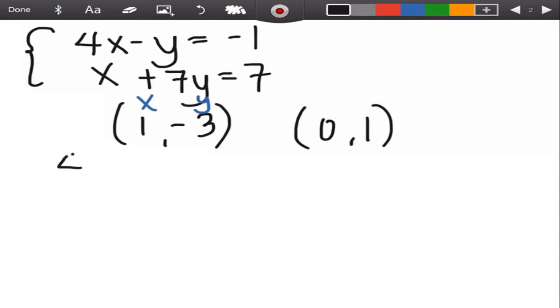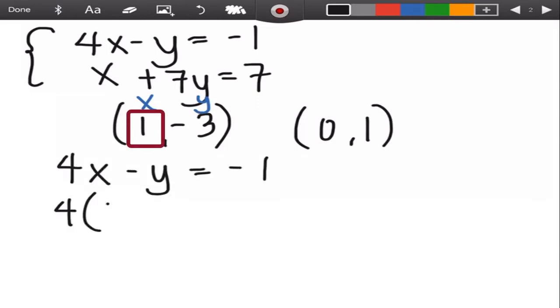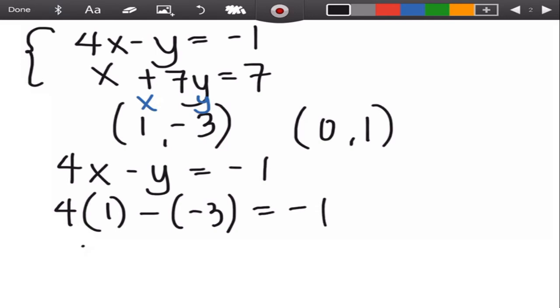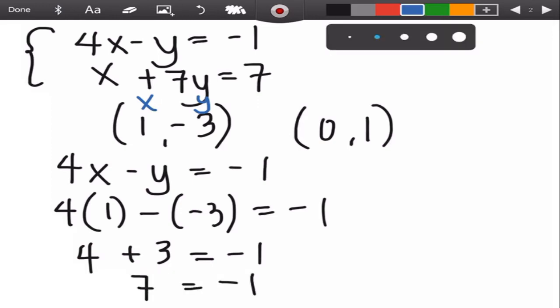So we will substitute with the first equation. 4 times the value of x, which is 1, minus the value of y, which is negative 3, equals negative 1. Multiply 4 times 1, that is 4. Negative times negative 3, that is positive 3, equals negative 1. 4 plus 3, that is 7, equals negative 1. This statement is not true since 7 is not equal to negative 1.